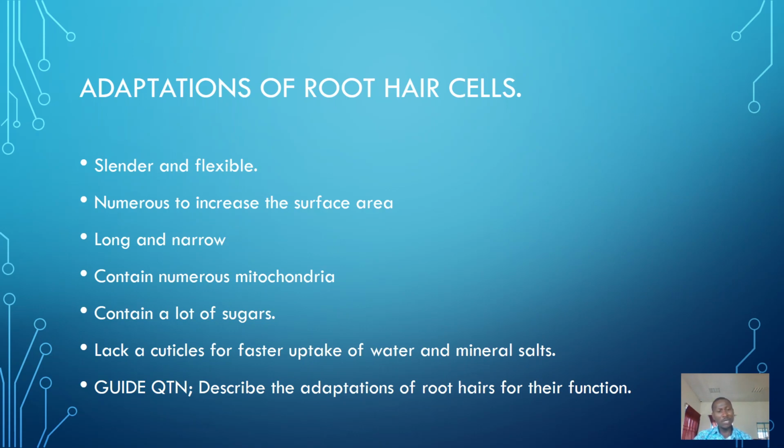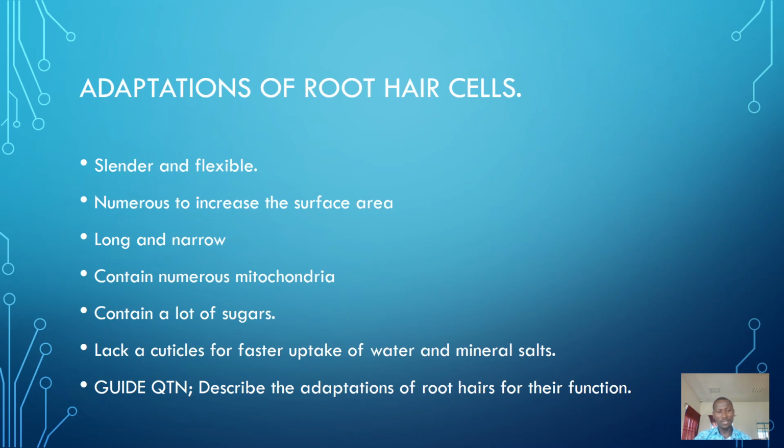They contain numerous mitochondria, the powerhouse of the cell, to release energy needed for active absorption of mineral salts. They contain a lot of sugar, which is used in respiration to release energy for absorption of mineral salts. And lastly, they lack cuticles for faster uptake of water and mineral salts.